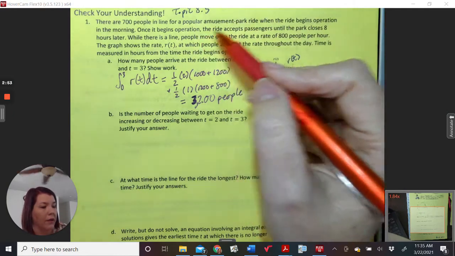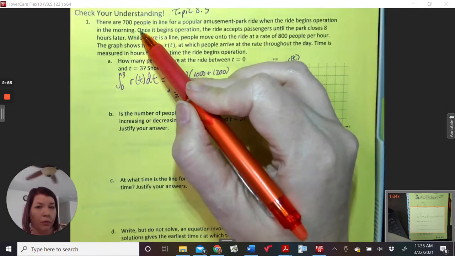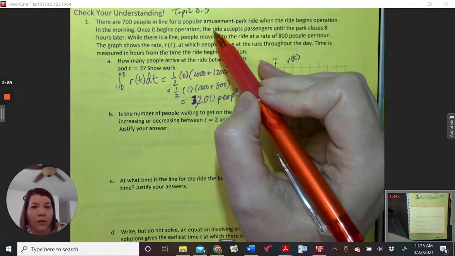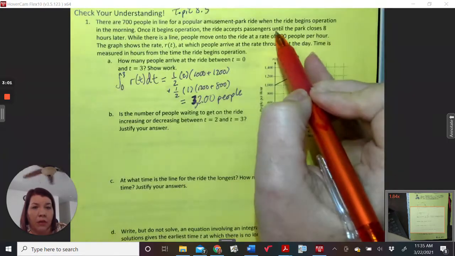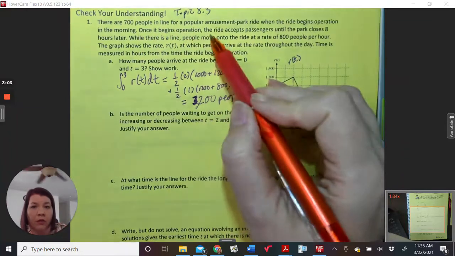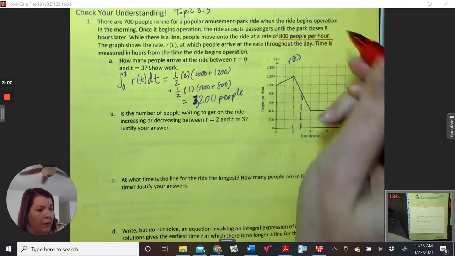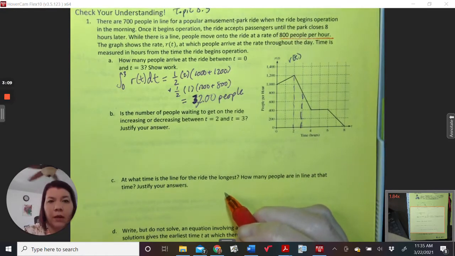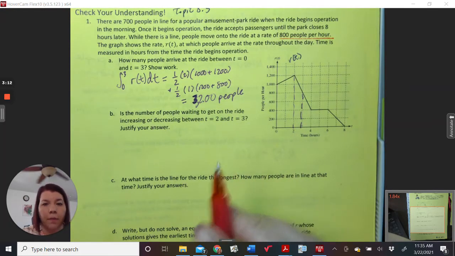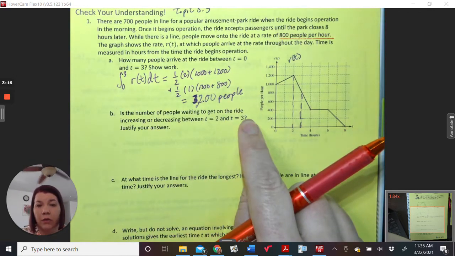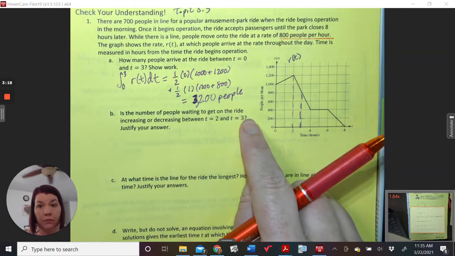While there is a line, 700 people, begins operation in the morning. Once it begins operation, it accepts riders until the park closes 8 hours later. While there's a line, people move onto the ride at a rate of 800 people per hour. Okay, so I didn't see that. Is the number of people waiting increasing or decreasing? So there's a line, 800 people.